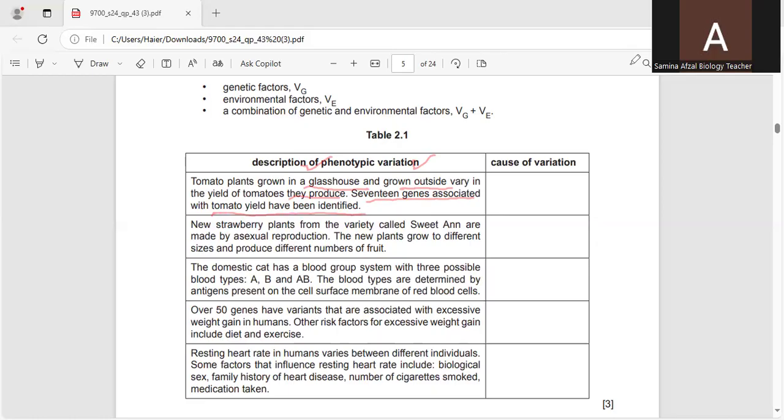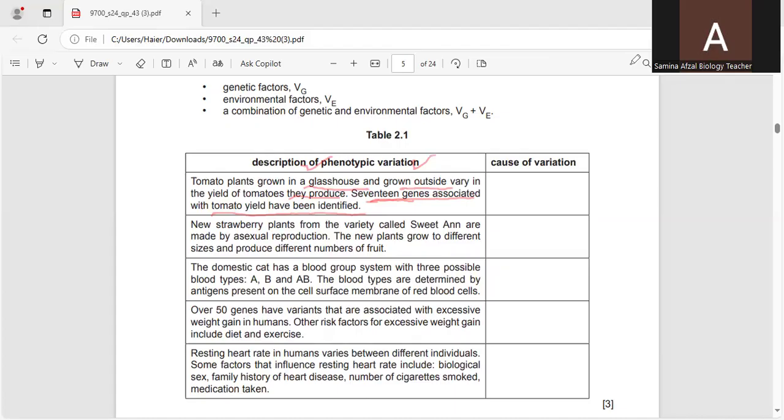So it means some plants were grown in the glass house and some were grown outside. So it means there were many variations which were produced as a result of the environment.